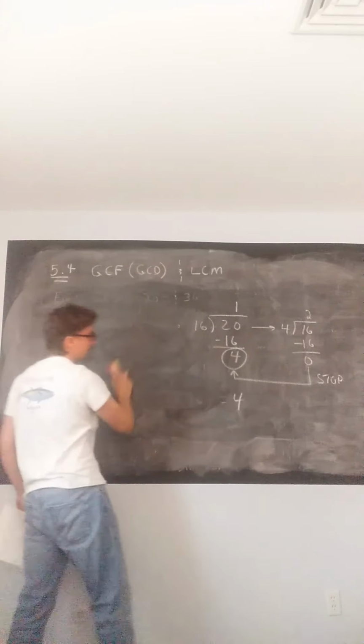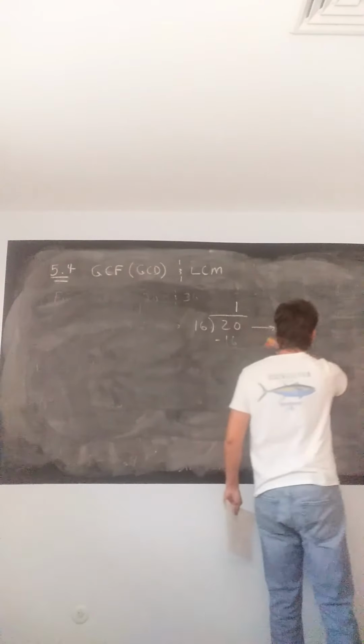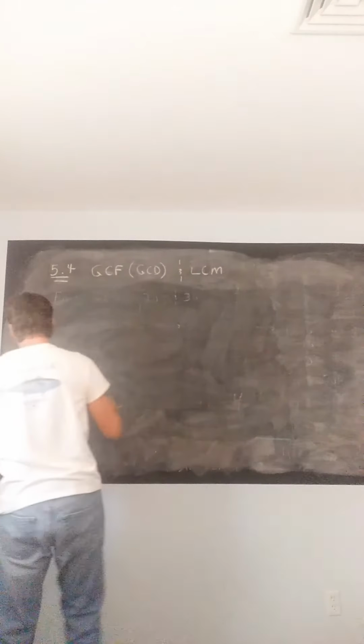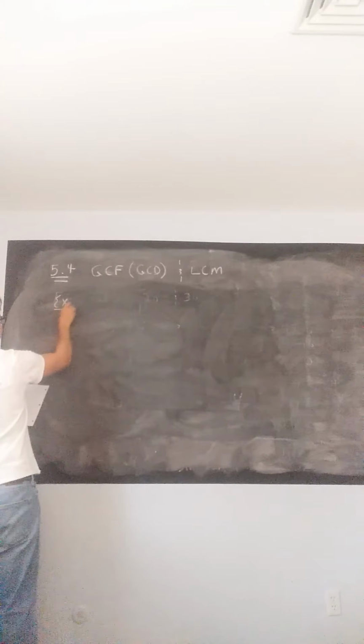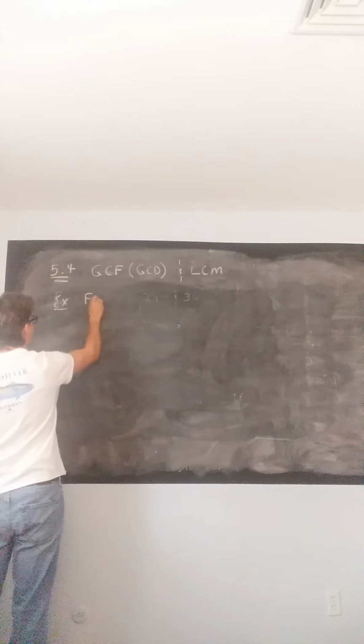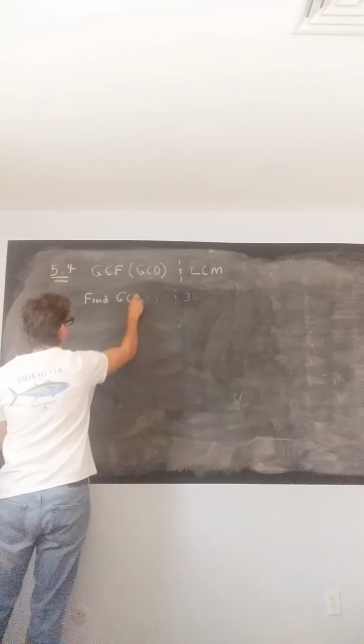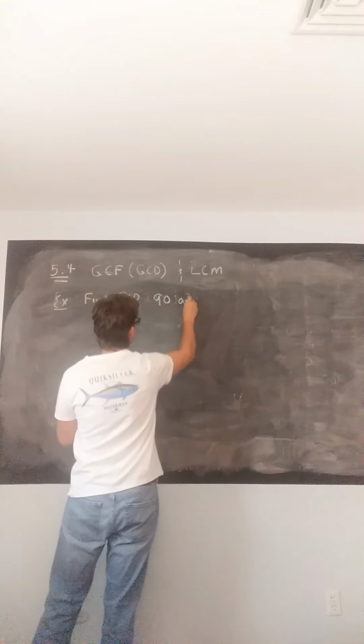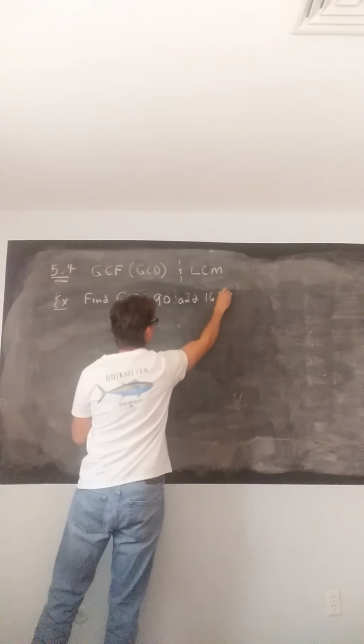So let's look at another example. We want to find the GCD between 90 and 168.